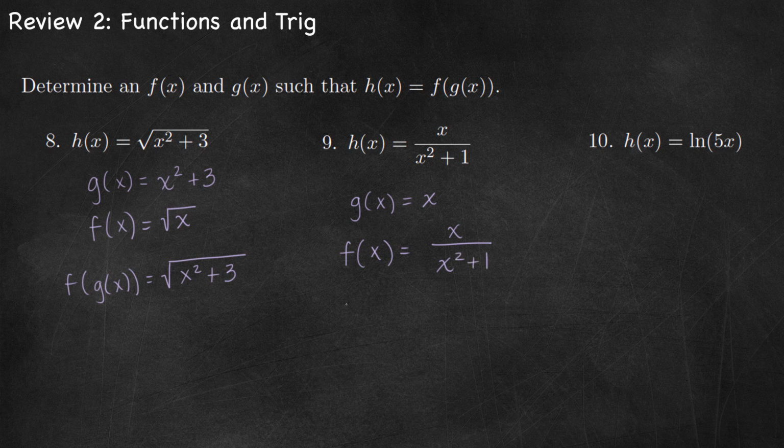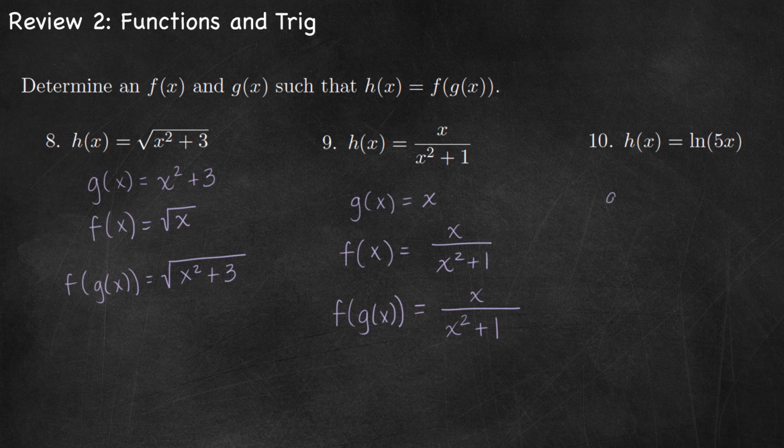Because now if we find f of g of x, we're using the rule for f, which is input over input squared plus 1. And our input is g of x, which is just equal to x. So it's not a very interesting example, but it does work.